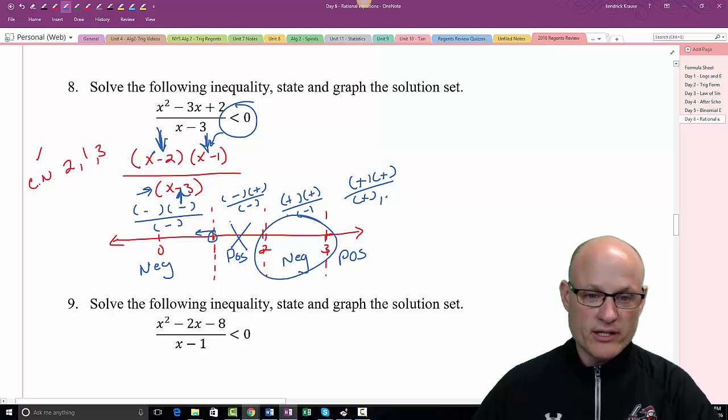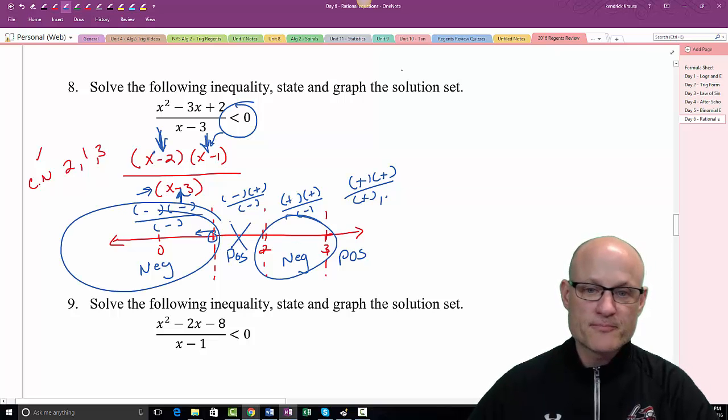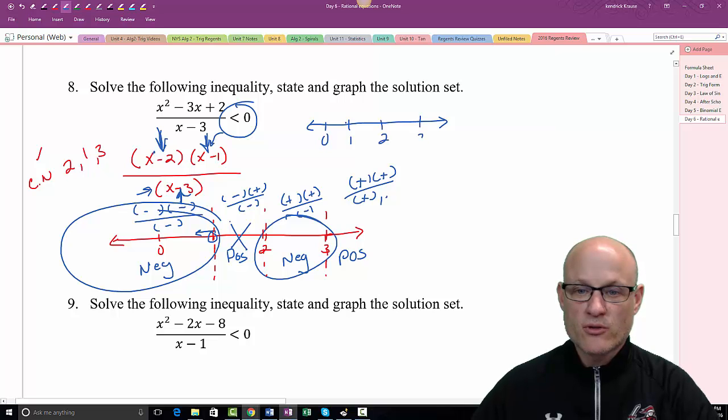So what do I want? I want here and I want here. If I graph this on the number line, it would look like this: 0, 1, 2, 3. I want from 1 over, and I want between 2 and 3.